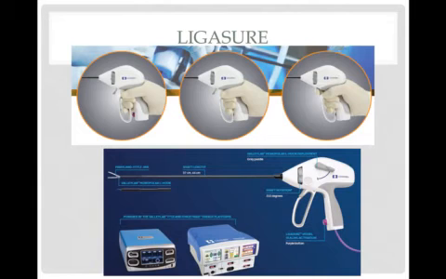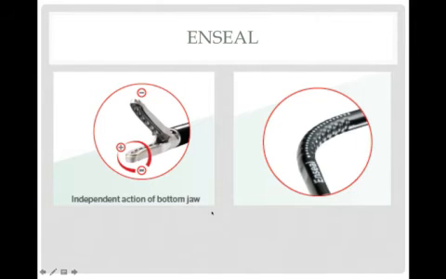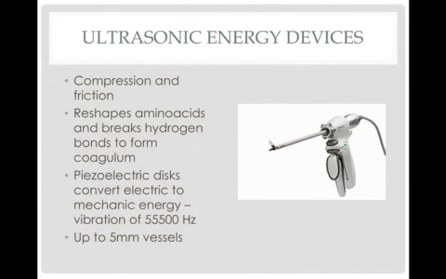So this is one of the devices, the LigaSure, and the activation button is found here. And another one of the devices, the Enseal, which has the ability to bend, which is something that could be useful during dissection in the pelvis.